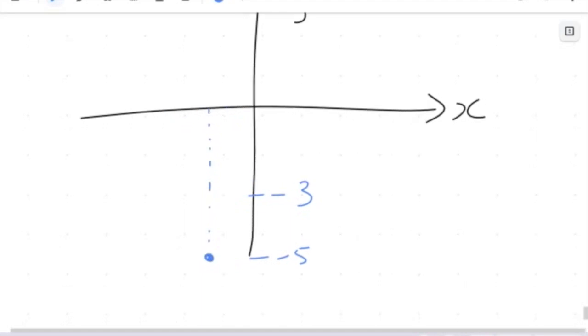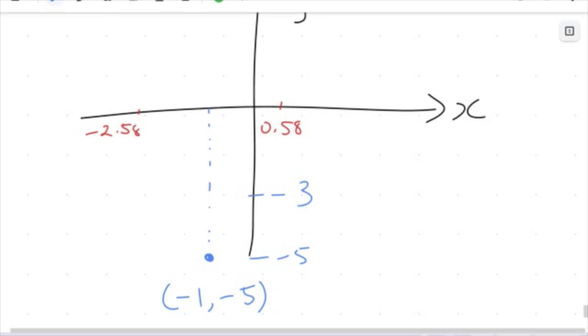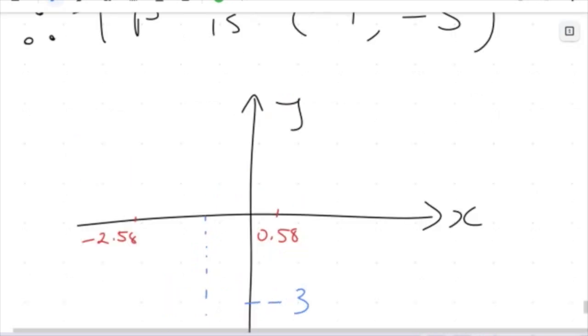That's my turning point. And I want to mark in my x-intercepts. So I have one at 0.58, and I have one at about negative 2.58.